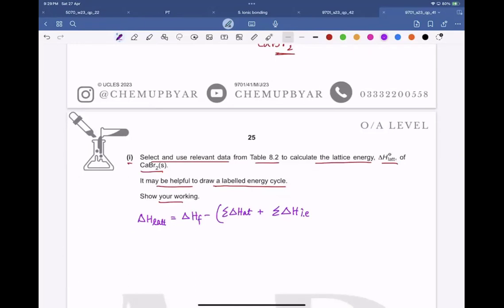No, I think we don't use. Let me first write the expression, then I'll tell you. And then the sum of enthalpy changes of electron affinities if there is more than one electron affinity. Just give me a minute, please.